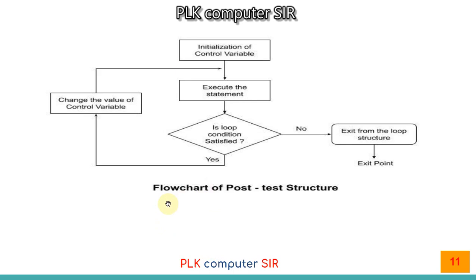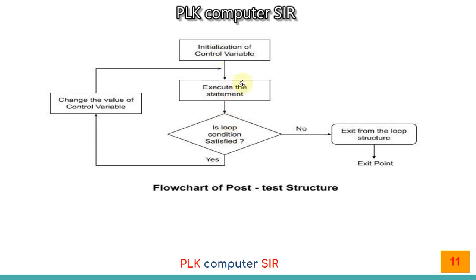Now I am going to discuss this flow chart of post-test loop structure. So here also there are three components: initialization, condition, and change in the control value, that is increase or decrease. After initialization it will execute the statement, then only it will check the condition.